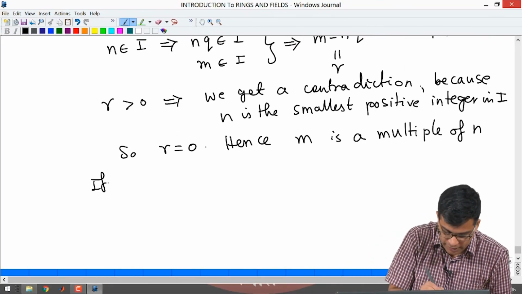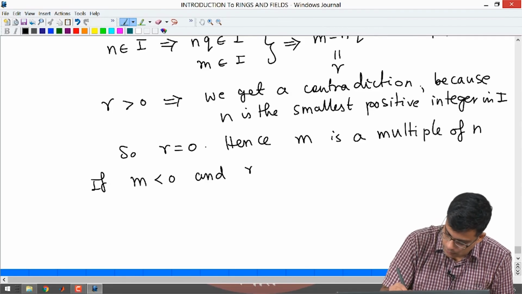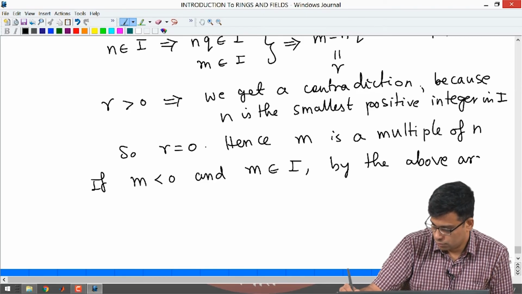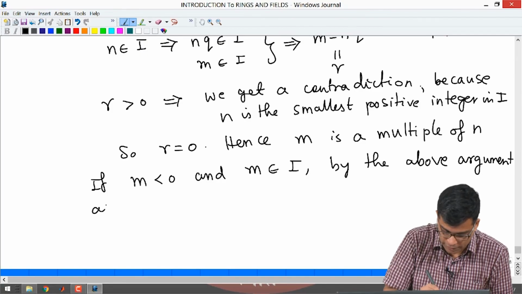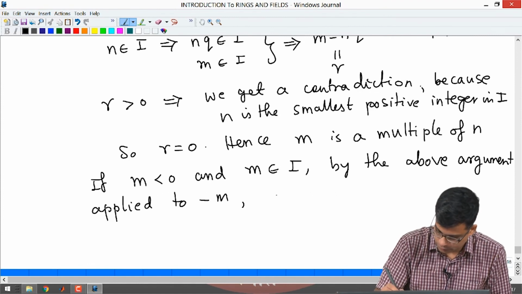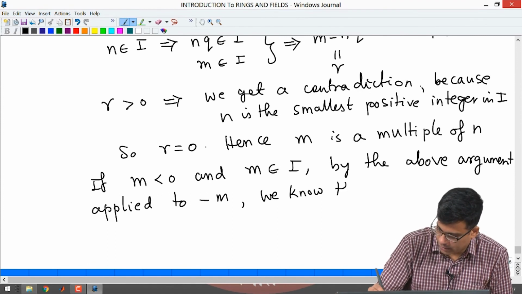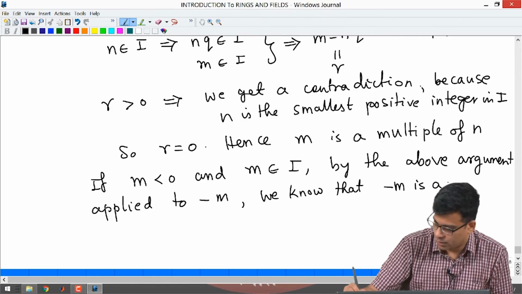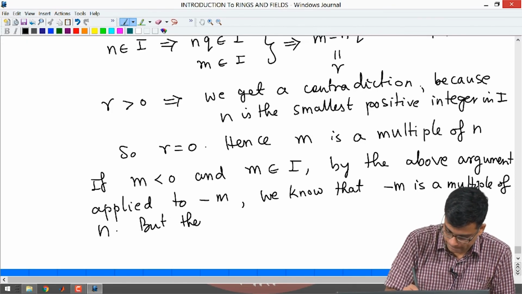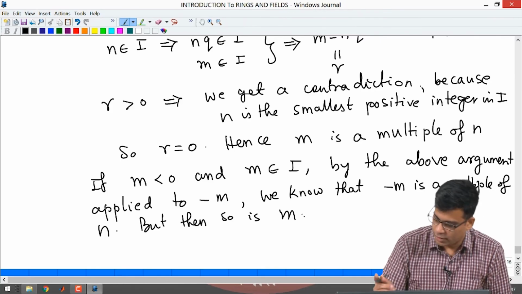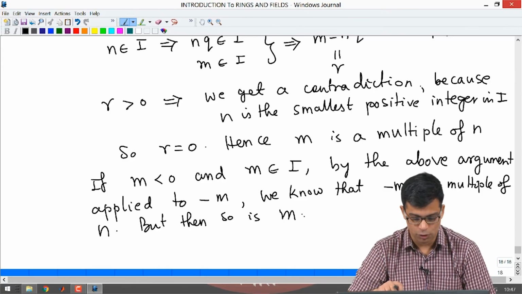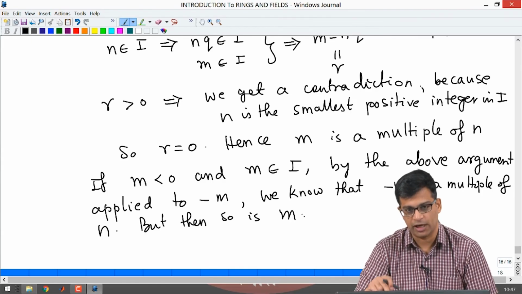Now, on the other hand, if m is negative and m is in I, by the above argument applied to minus m, right, if m is negative, minus m is positive, we know that minus m is a multiple of n, but then so is m, because minus m is n times something, m is n times minus of that thing.